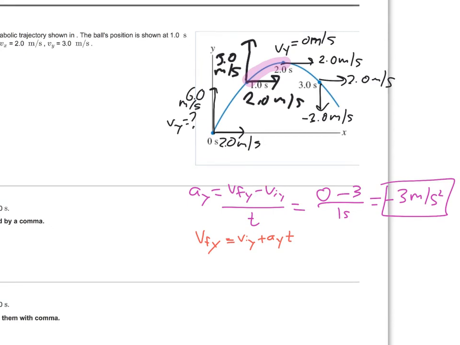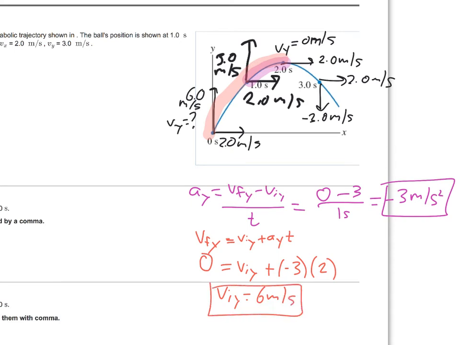Now I'm going to go ahead, though, and be considering the entire flight from 0 up to the peak. And so I can say that my final is still 0, and that's going to be equal to my initial, which is what I'm looking for, plus -3, that's my acceleration, times the time it takes to go from the ground up to the peak, which is 2 seconds, which means my initial y velocity is 6 meters per second.